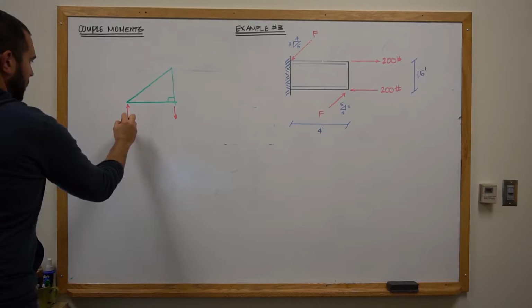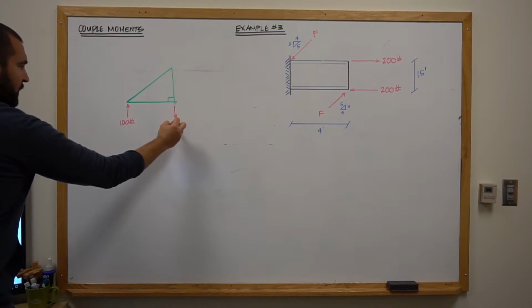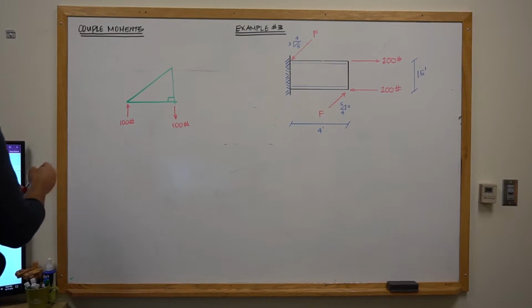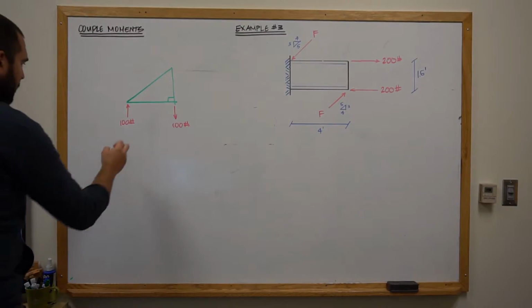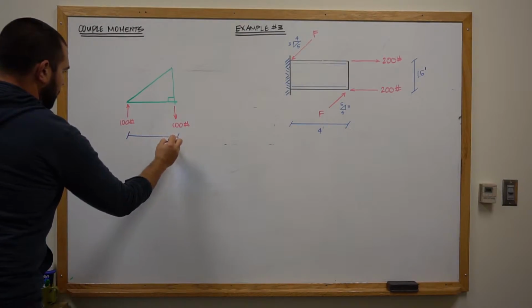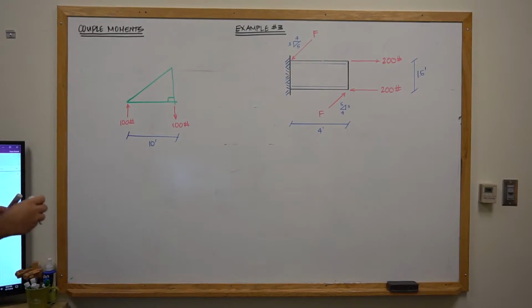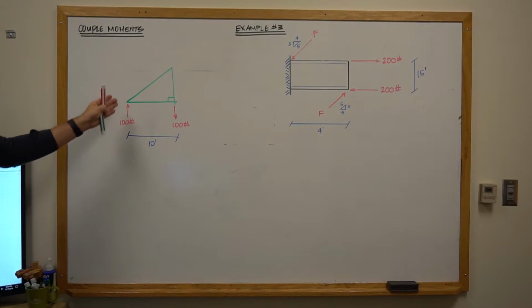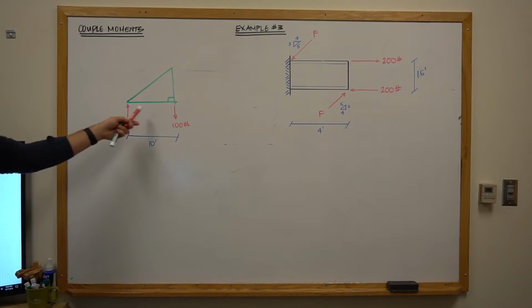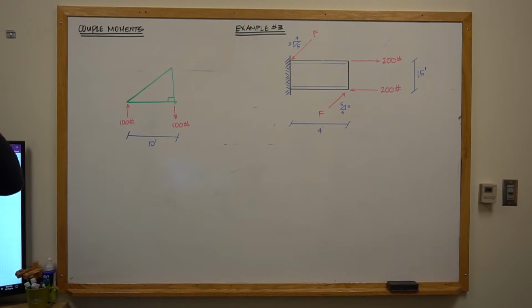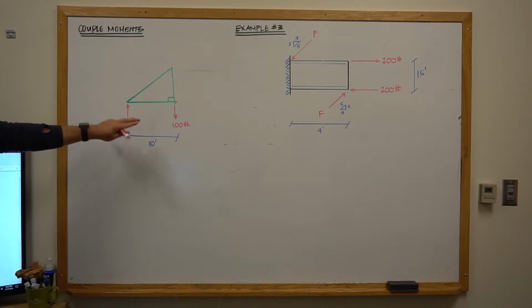So let's say that here we have 100 pounds and we have another 100 pounds, and let's say that these are separated by 10 feet. So in this case, it's clearly a force couple because both of these are parallel to each other. They have equal magnitude but opposite direction, and they have some perpendicular distance between the two of them. So here we have this system subjected to a force couple.